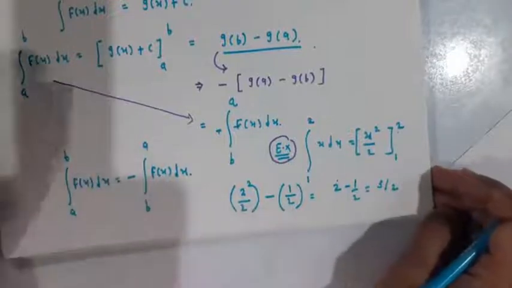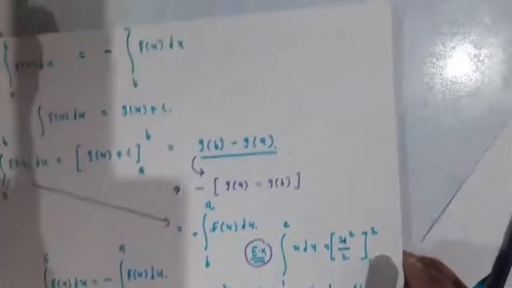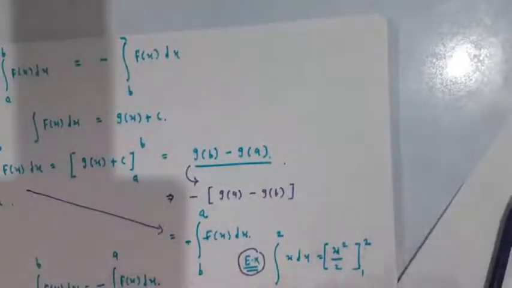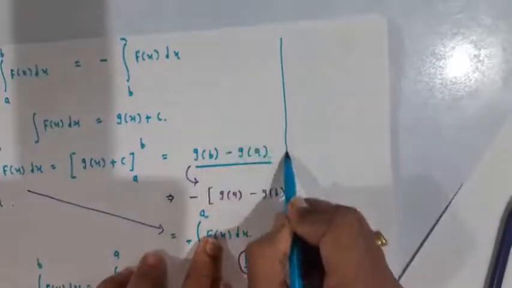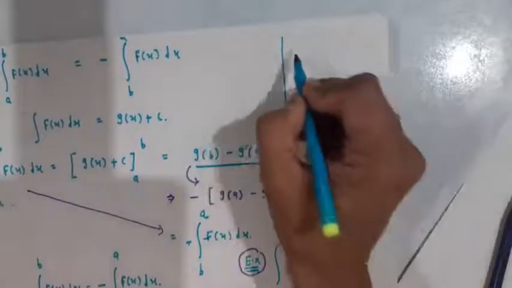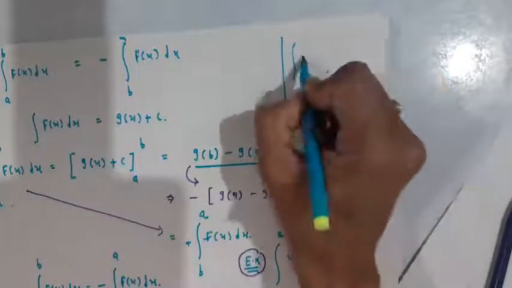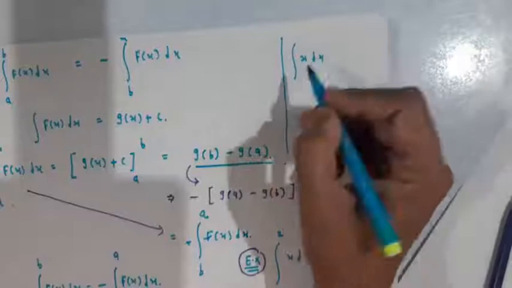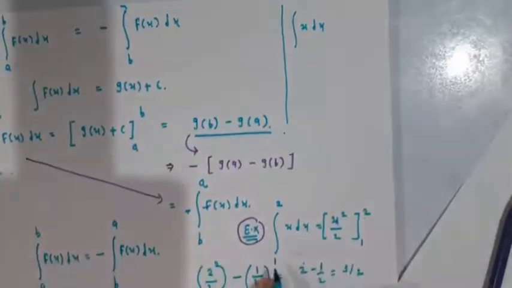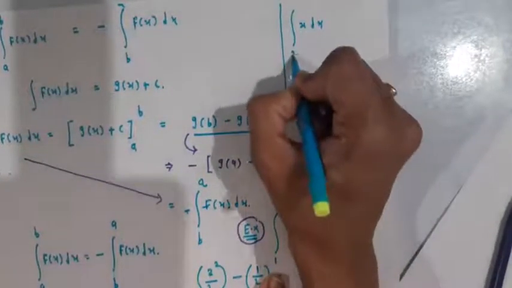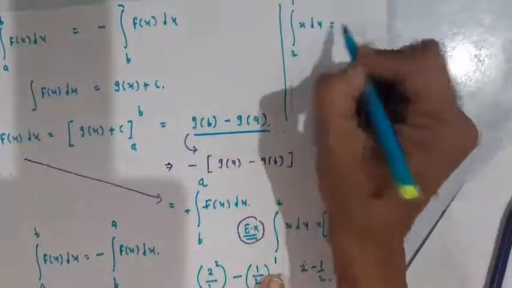And now if we change the limits of integration, suppose the integral of x with respect to x has limits 2 to 1. Now see what will happen.